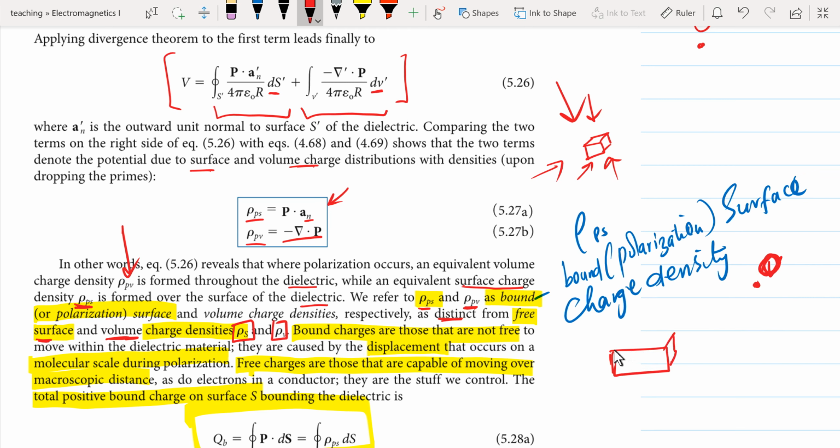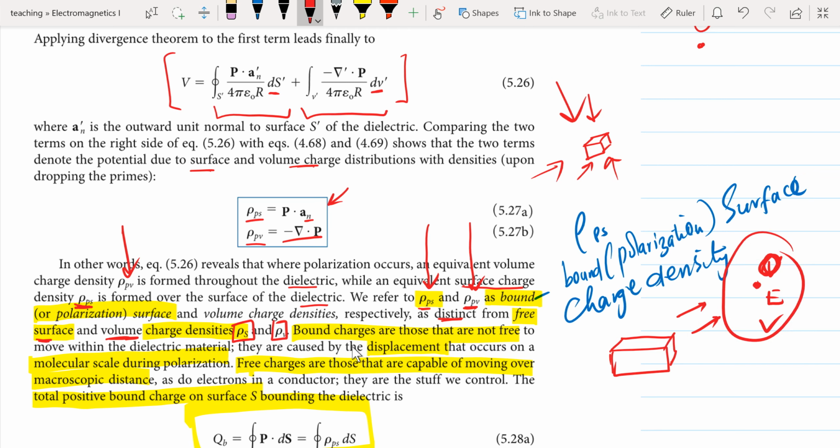And we have found out that there is some bound surface charge density and some bound volume charge density that is going to produce some field E that ultimately causes some potential V to be experienced at our point of observation.